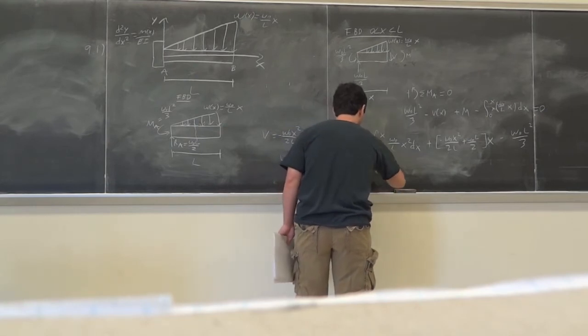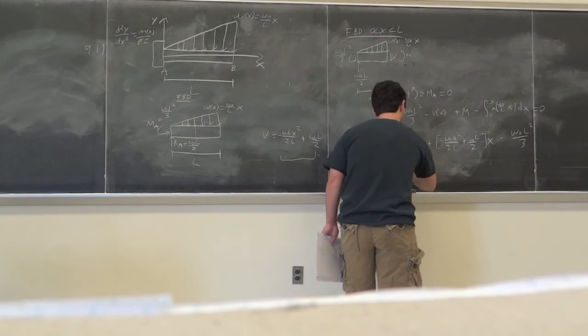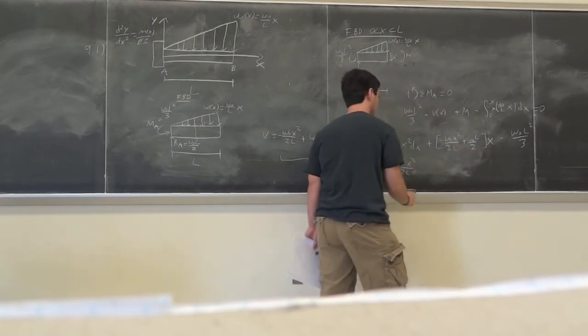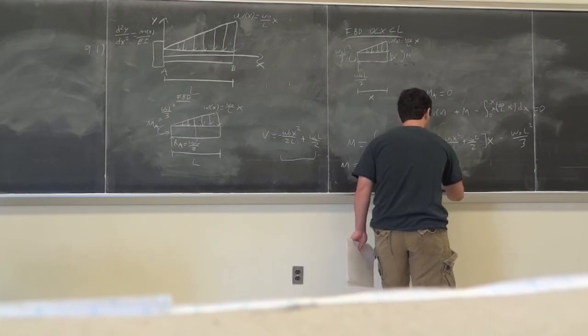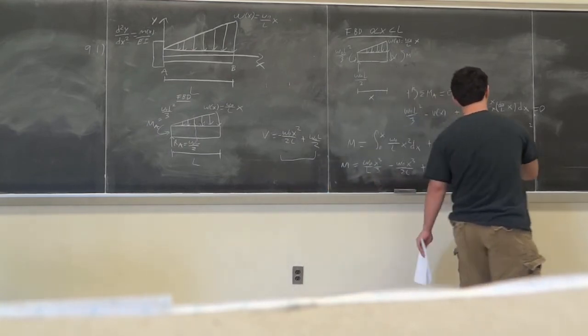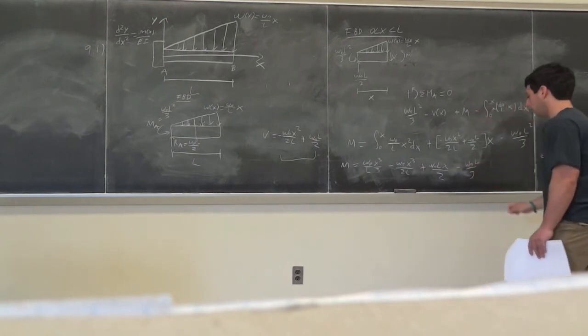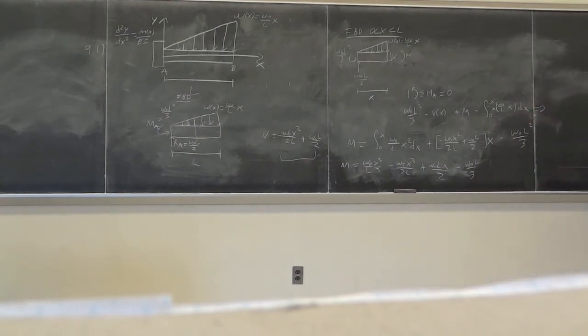So you get W naught x cubed over 3 divided by L, minus W naught x cubed over 2L, right? I'm multiplying the x throughout. So you have plus W naught L x over 2, and then you have this last term, minus W naught L over 3. Okay. Any questions so far?